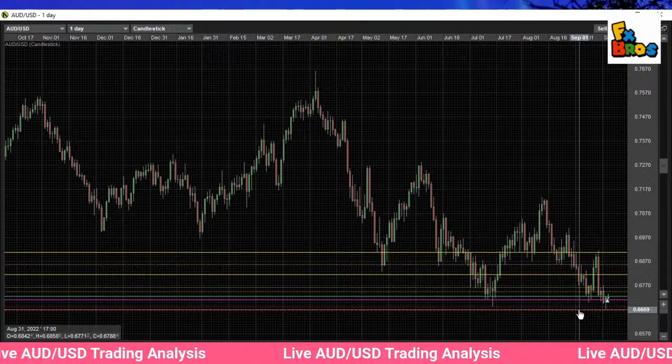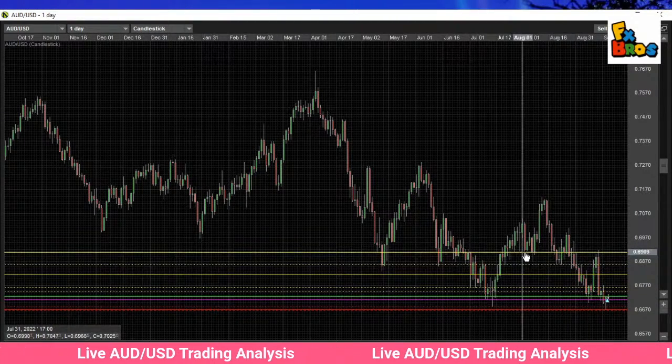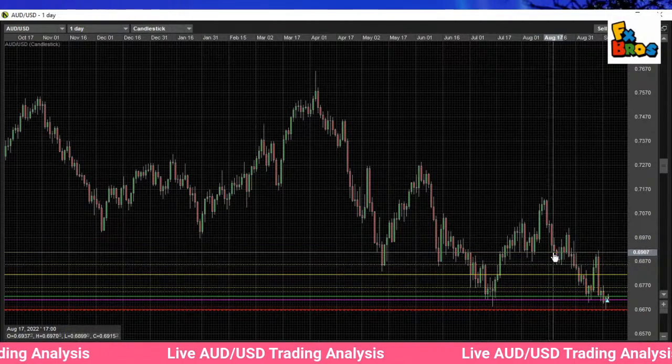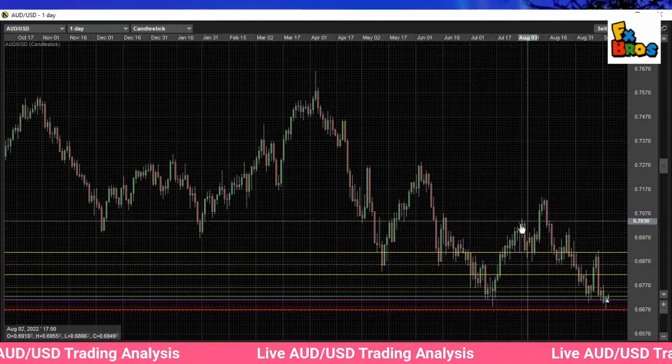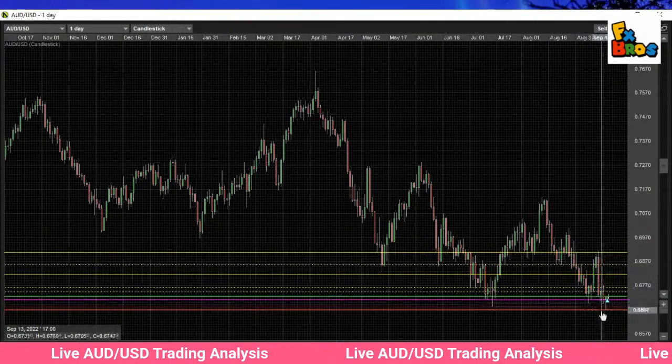But nonetheless, all it was doing was retracing, if anything, to this minor little support it created on the daily, right up in here, or this zone, this big consolidation zone, if you want to look at it as that. And it sold off.